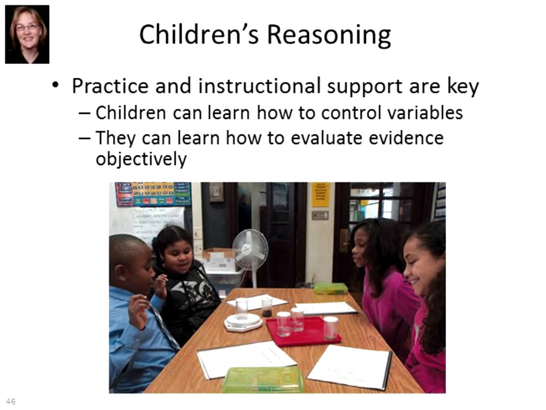So an example of this was actually done in a study where researchers had a group of adults and a group of kids, each of whom were trying to understand the relationship between two variables. And they were supposed to do a series of trials and then figure out what the relationship between the variables was.